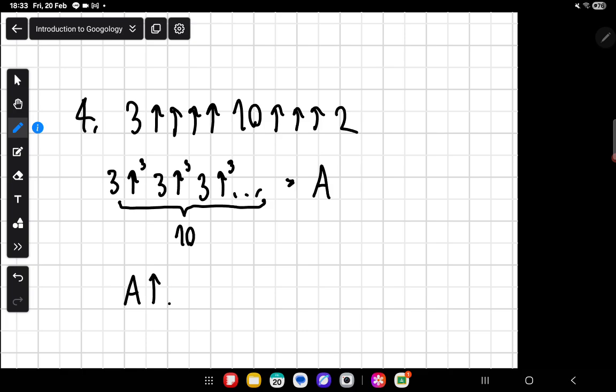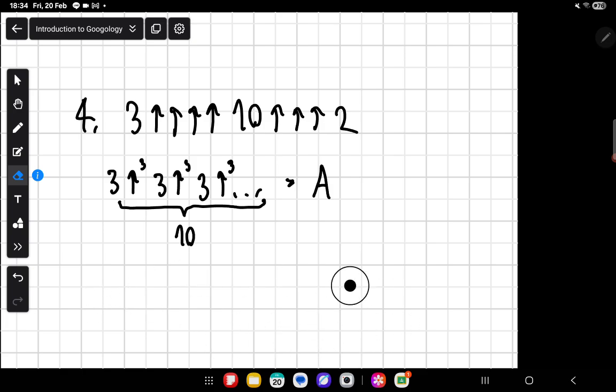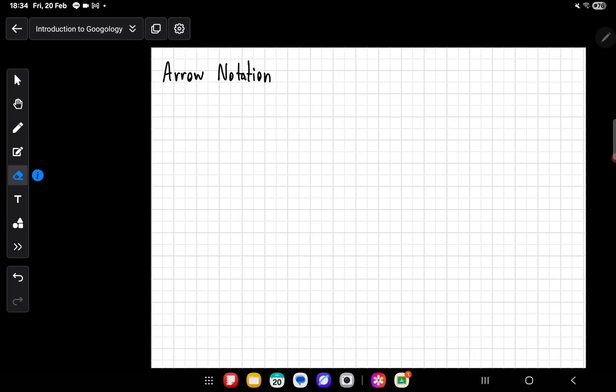Now we get A triple up arrow 2, right? That is A double up arrow A. And from this point on, we can continue. A double arrow itself is what? A to the power of A to the power of A to the power of A, A times. It is really huge. Question 4 clear. And question 3 clear.